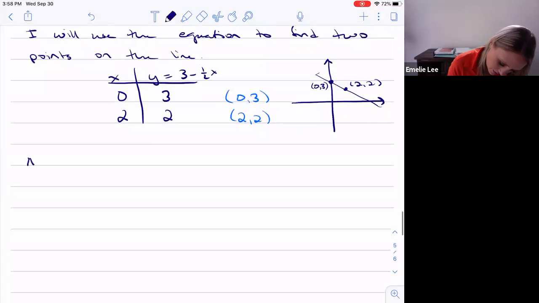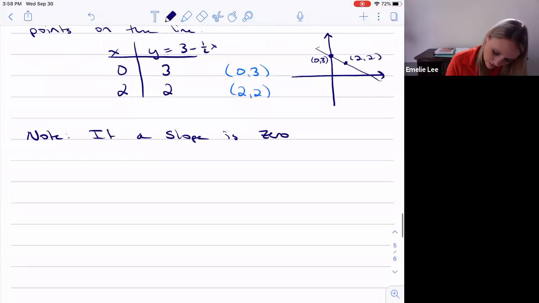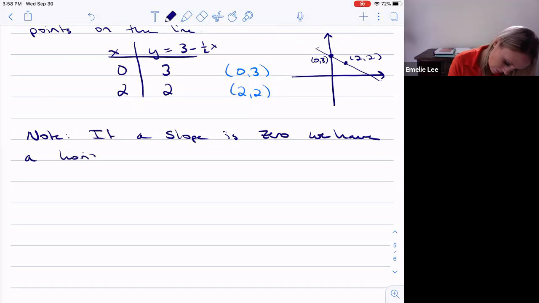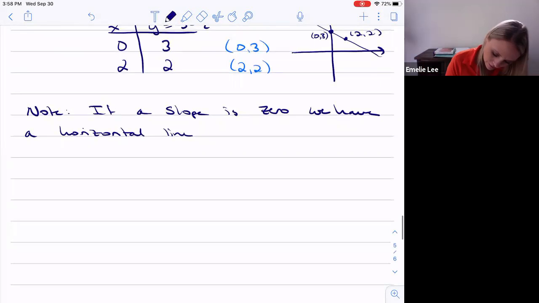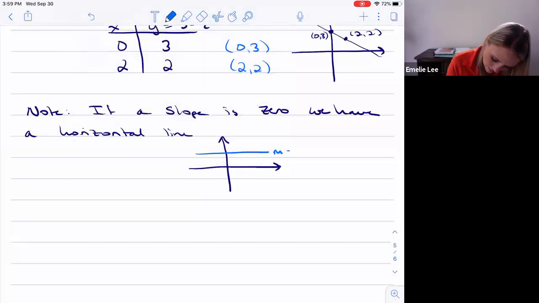So note, if a slope is 0, we have a horizontal line, which would look something like this, m equals 0.